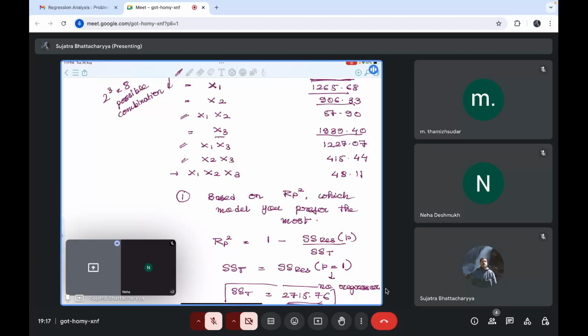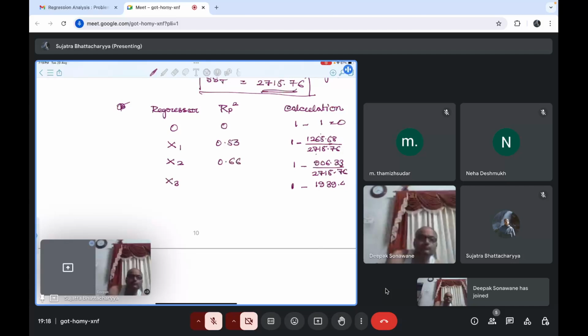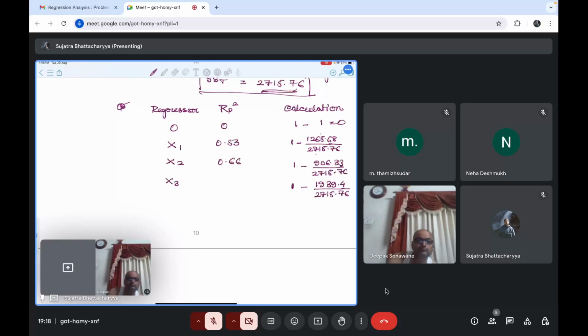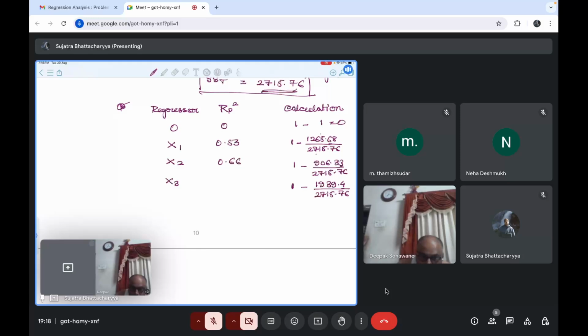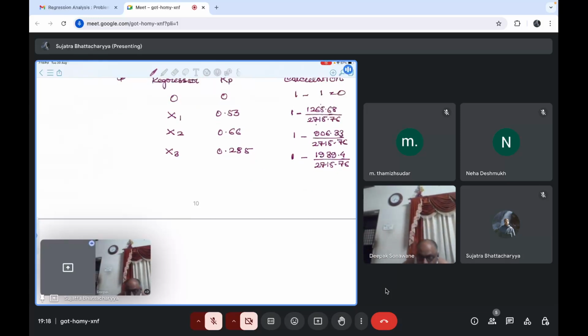X3 is 1939.40, so it will be 1 minus 1939.4 divided by 2715.76. I have calculated this to be about 0.285, just based on the definition which I am using.